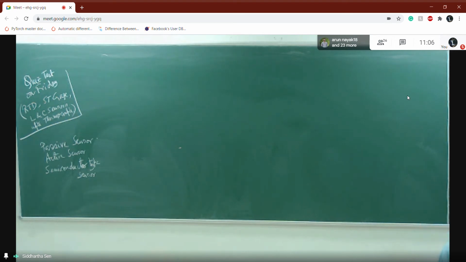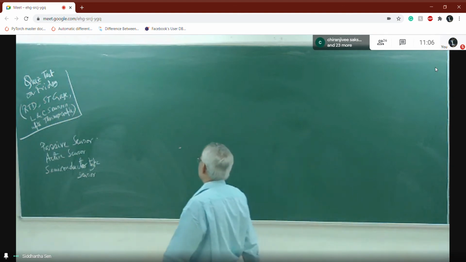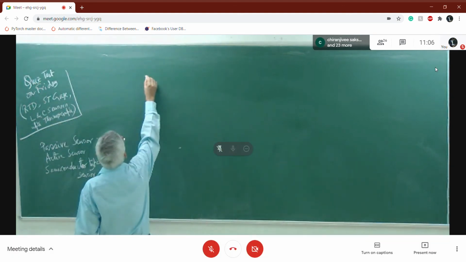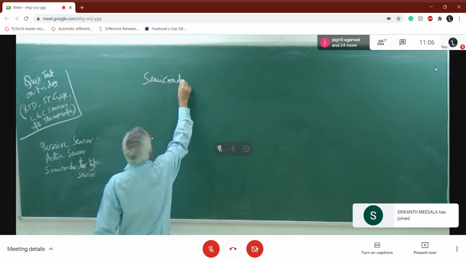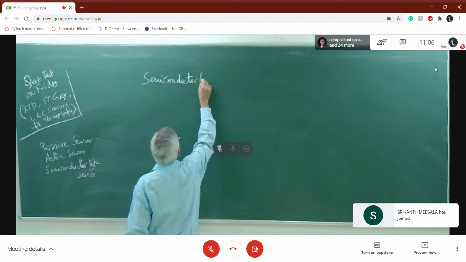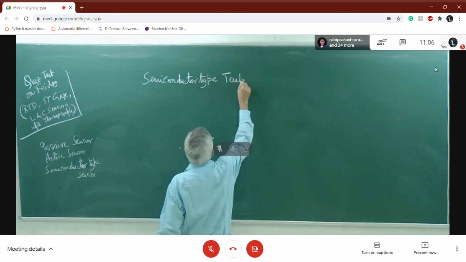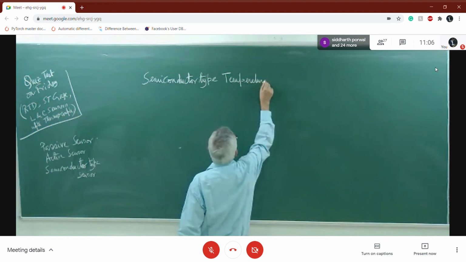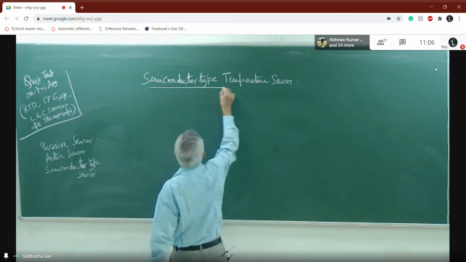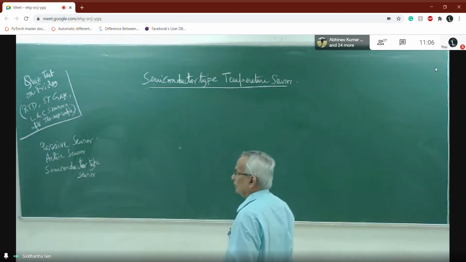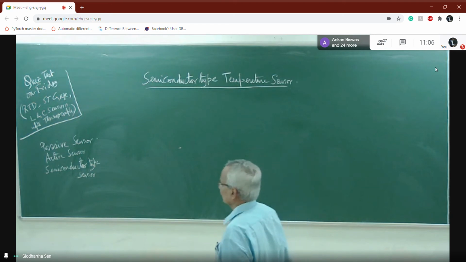So, first of all, we will go through another type of temperature sensor, which is called a semiconductor type temperature sensor. We will have it like this.